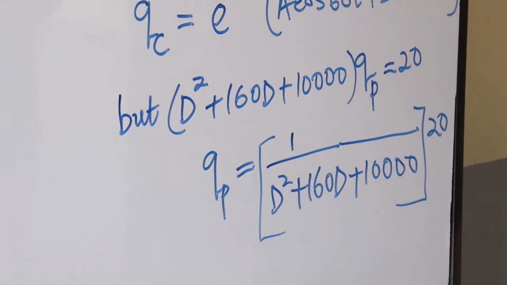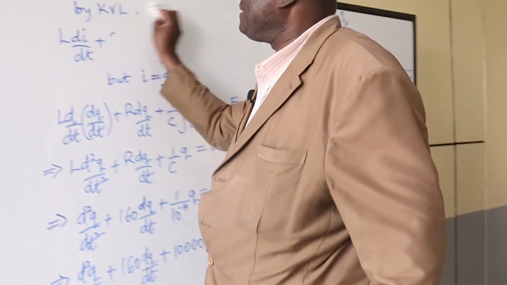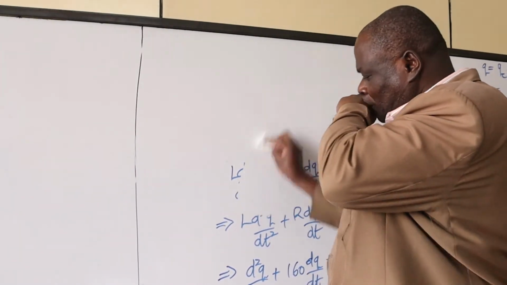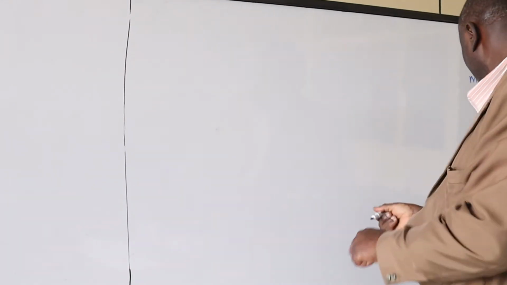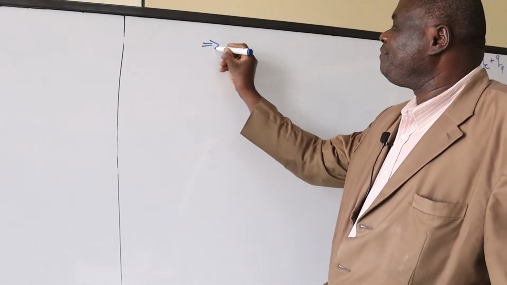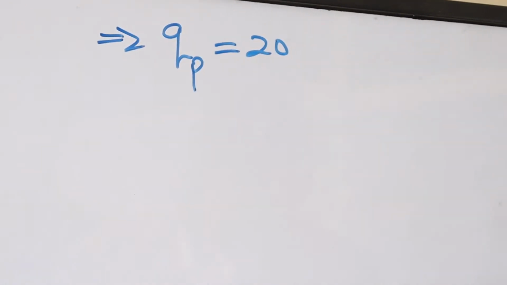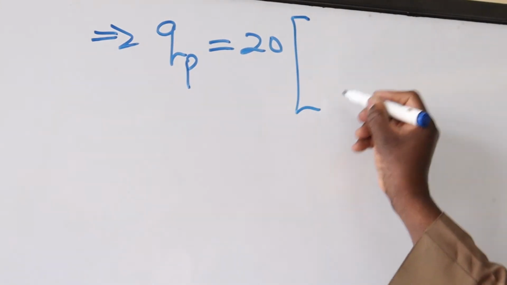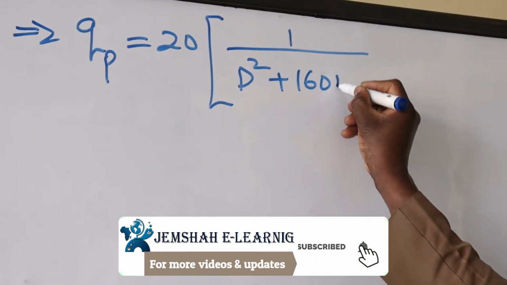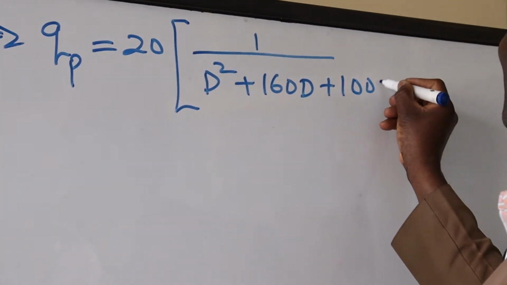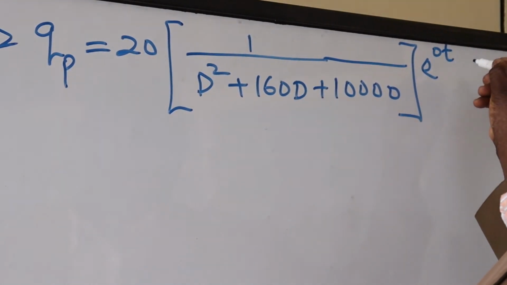Here we are using the D operator method in getting our particular integral. This implies our QP will be equal to 20, a constant, and now we have 1 all over d squared plus 160d plus 10,000 acting on 1, and 1 is the same as e power 0t.